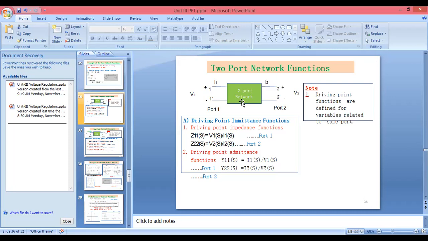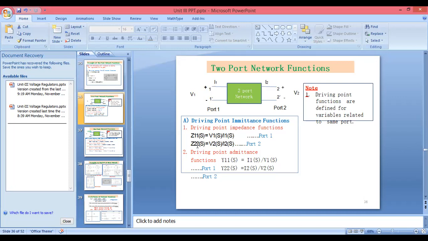If we are having the two-port network, we can calculate the impedance as Z11 equal to V1 of S upon I1 of S, and Z22 you can calculate as V2 of S upon I2 of S. And exactly reciprocal of these will be for Y11 and Y22.